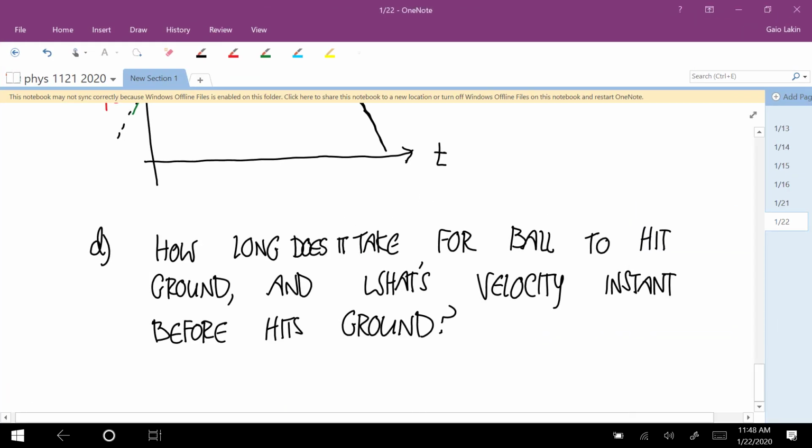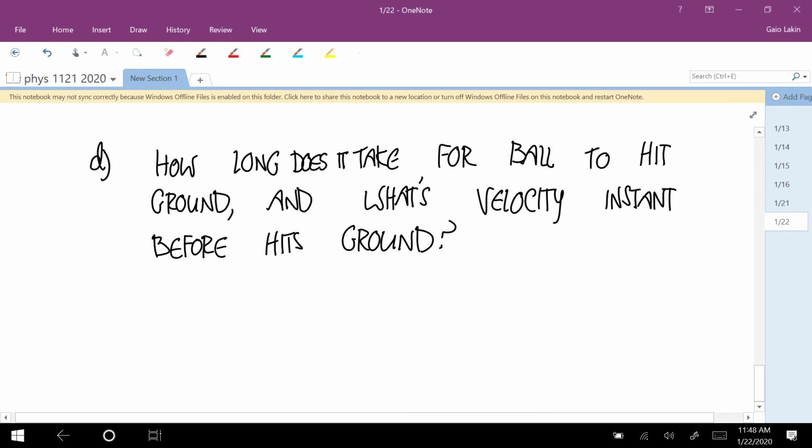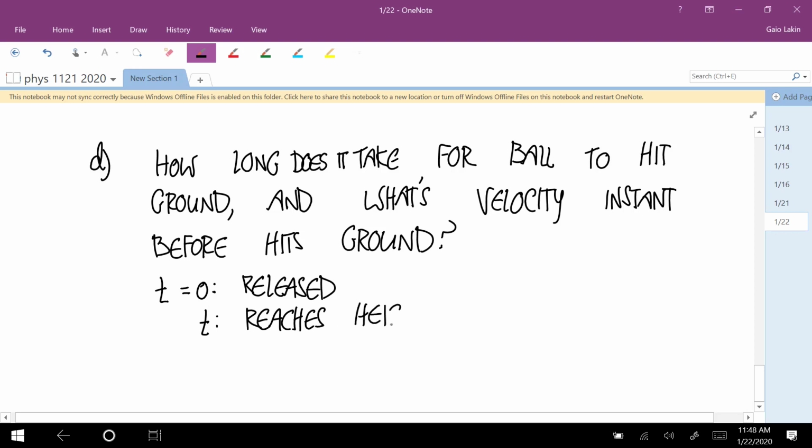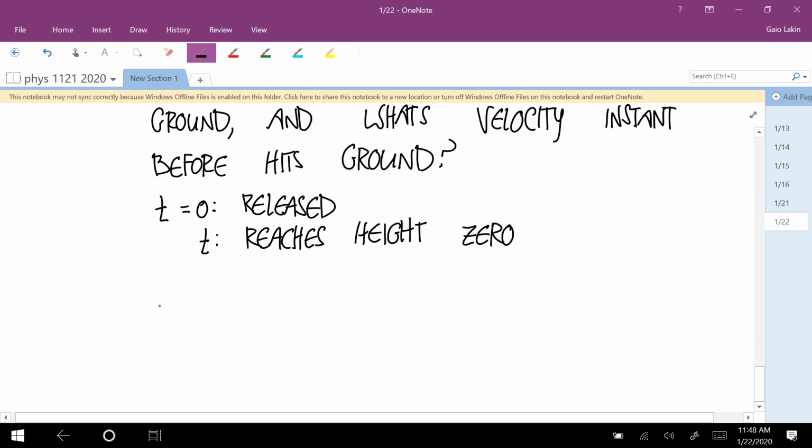Finish this problem. So I'm going to choose time equals 0 to be when it's released, and time t to be when it reaches a height of 0. So then we have a, p0, p, v0, v.